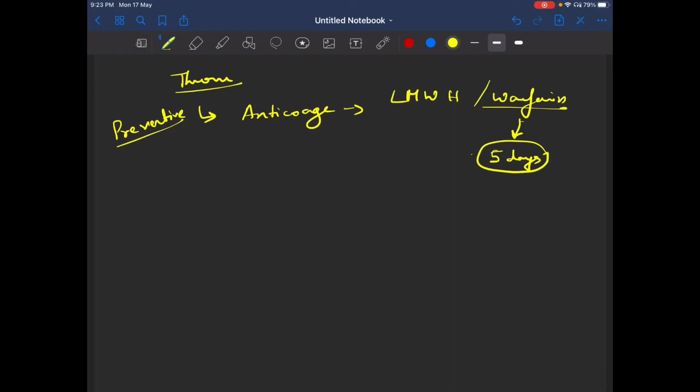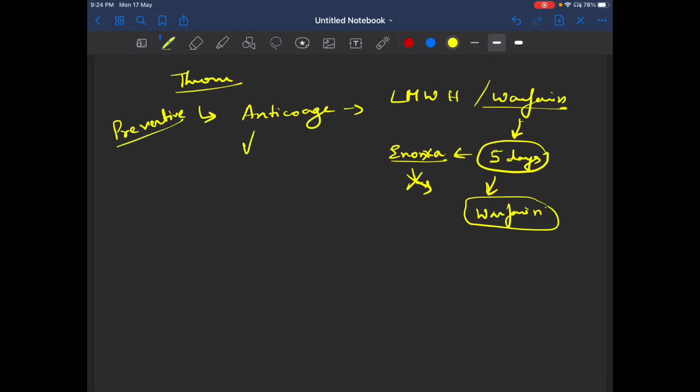So along with it, you have to give enoxaparin initially, so that the effect is better from the start. And after 5 days, enoxaparin can be discontinued and warfarin alone can be continued.